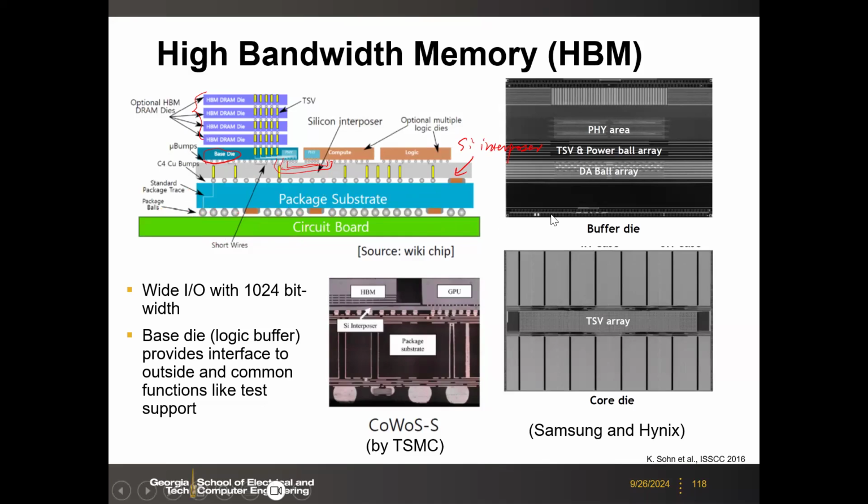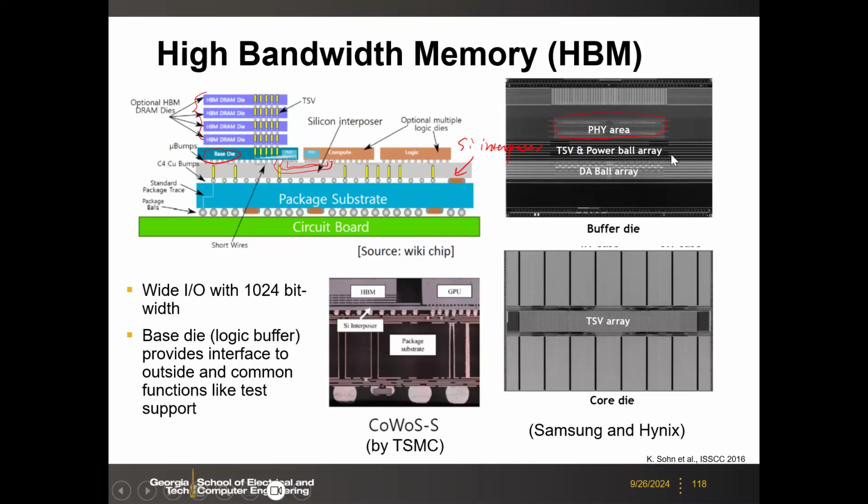Here we have some images under the microscope. You see this is the buffer die, which is the same as the base die. This is the logic die. Here you will have a physical area that is the control logic, including the I/O and timing and so on.